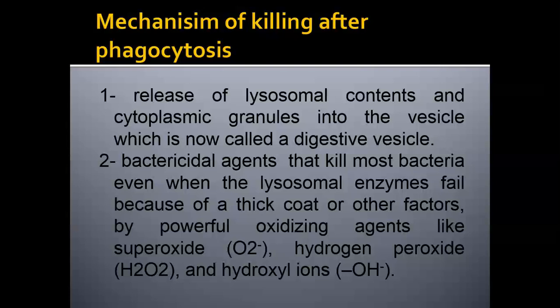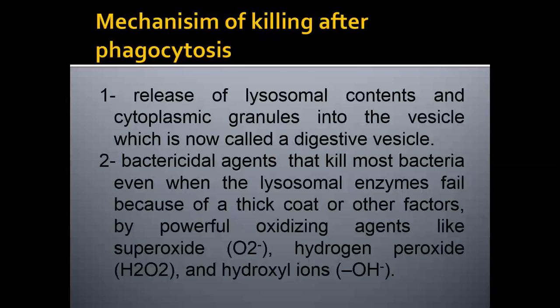شلون بهيجي حالة السيل راح تتصرف؟ شلون راح تقدر تقضي على offending agent? It can also kill most of the bacteria when the lysosomal enzymes fail. How? By producing powerful oxidizing agents اللي هي the oxygen free radicals like the superoxide, hydrogen peroxide, the hydroxyl ions.